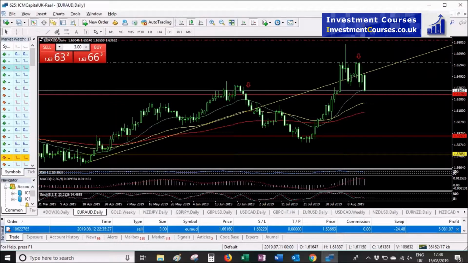But after a few days, price again reached this area, and I said, okay, I know this is the highest level of the market. This is the highest level of the market since 2010. After 2010, price never went higher than this level.